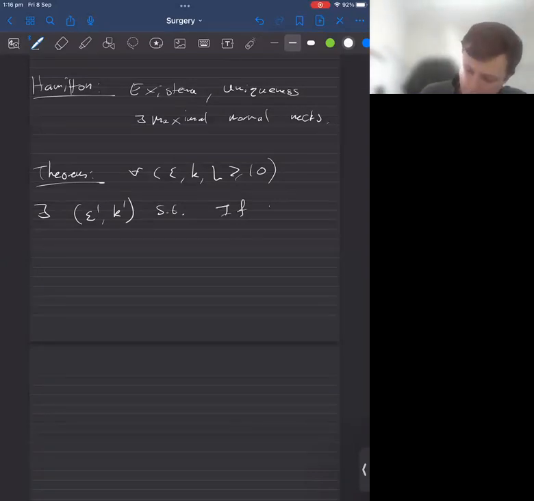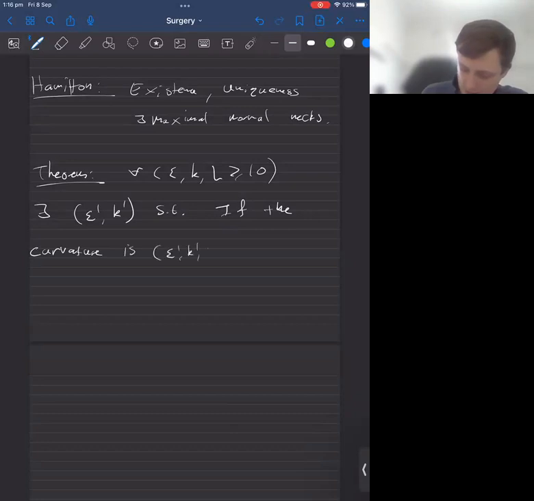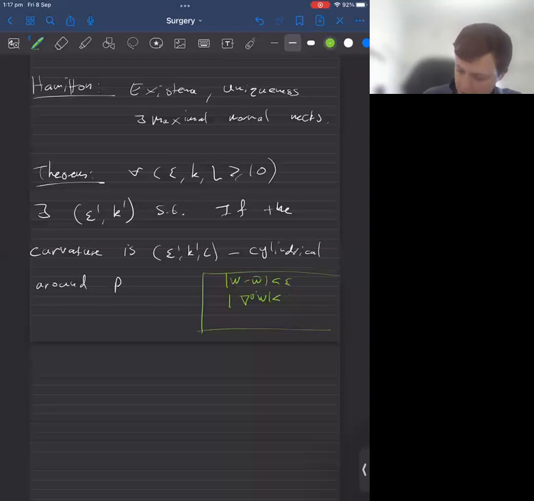So if the curvature is epsilon k L cylindrical around P. So what does that mean? That means that W minus W bar is less than epsilon, and it's not almost parallel. And this all happens in the ball of radius L around P.